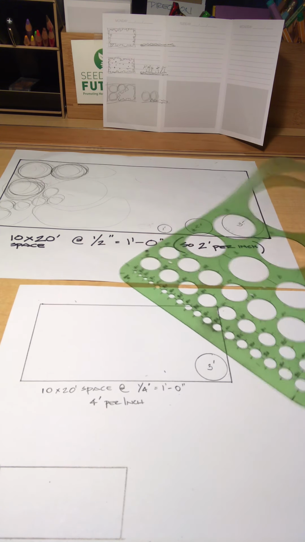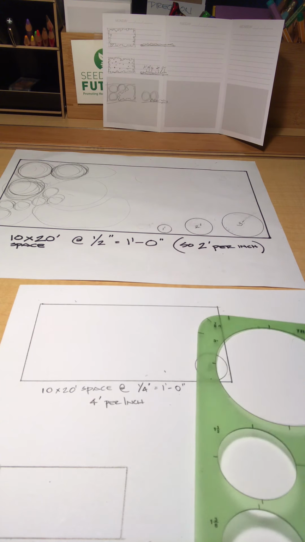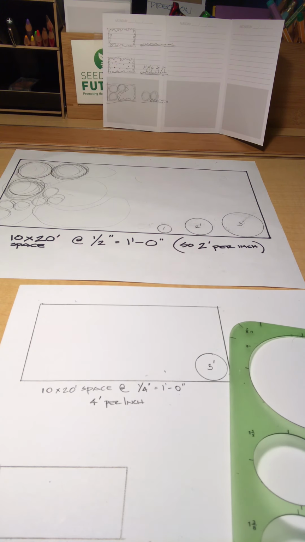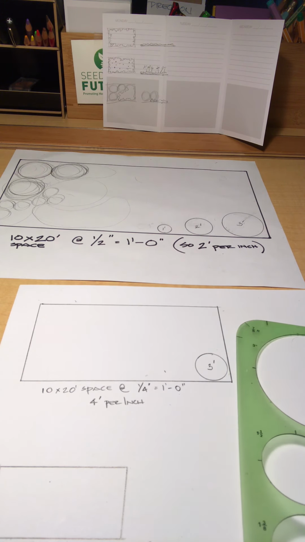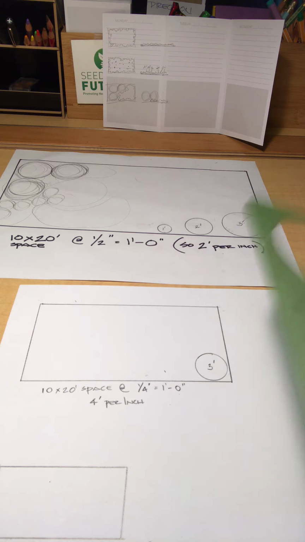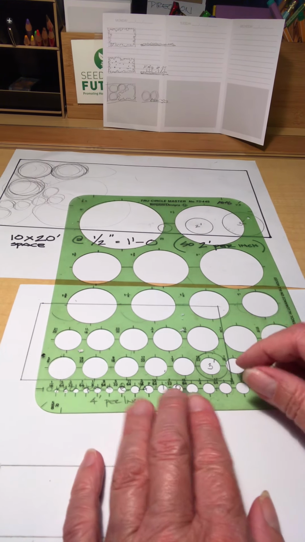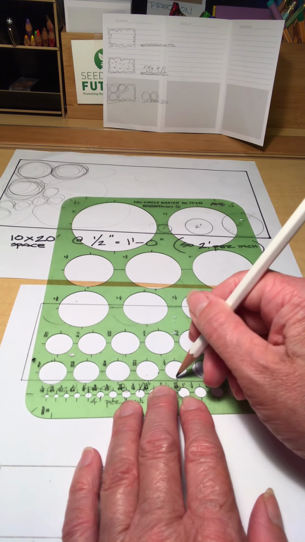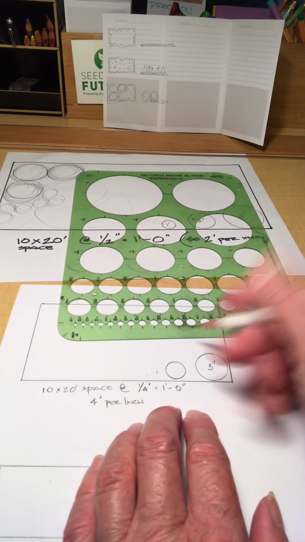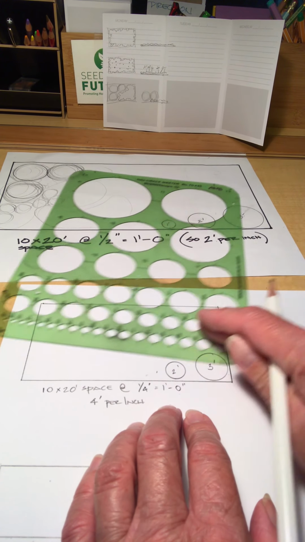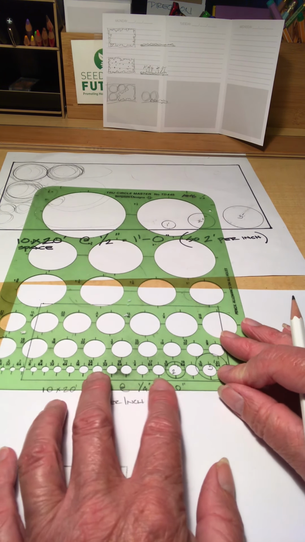And then we want to measure our 2 foot plant. Okay. That's here. One foot plant is the 1/4.